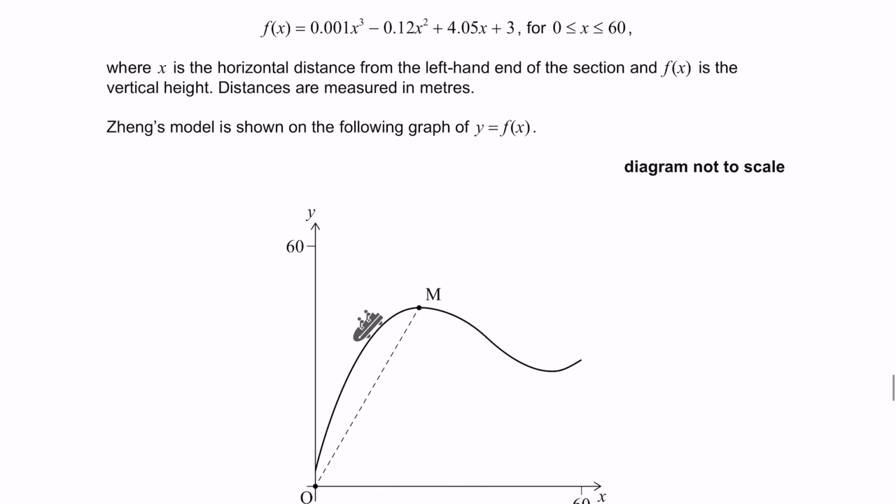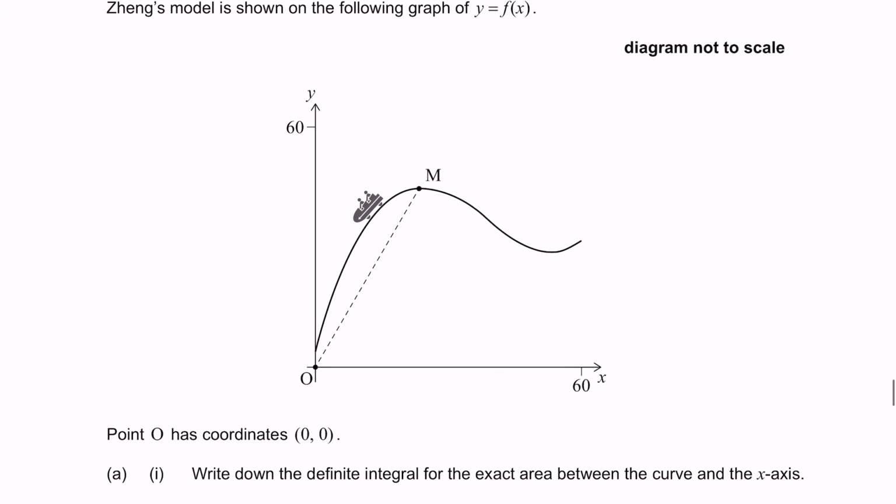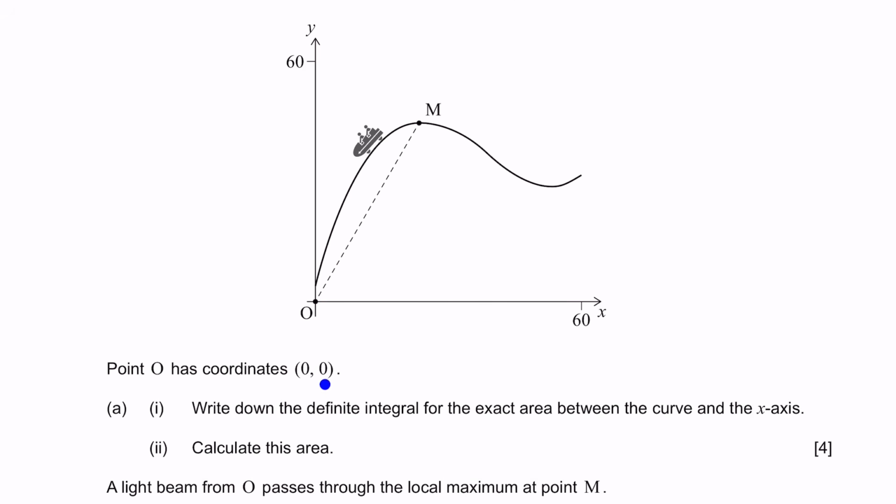Tseng's model is shown on the following graph of y equals f of x. So here we have this cubic function, and this is distance from the left-hand side and then height. Point O has coordinates 0, 0, and part 1 of A asks us to write down the definite integral for the exact area between the curve and the x-axis.